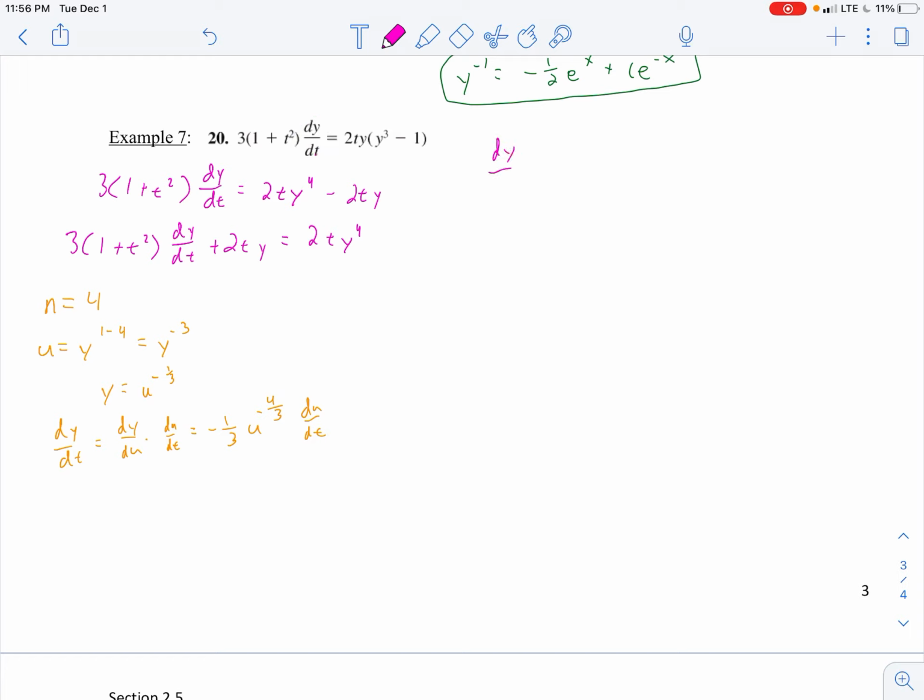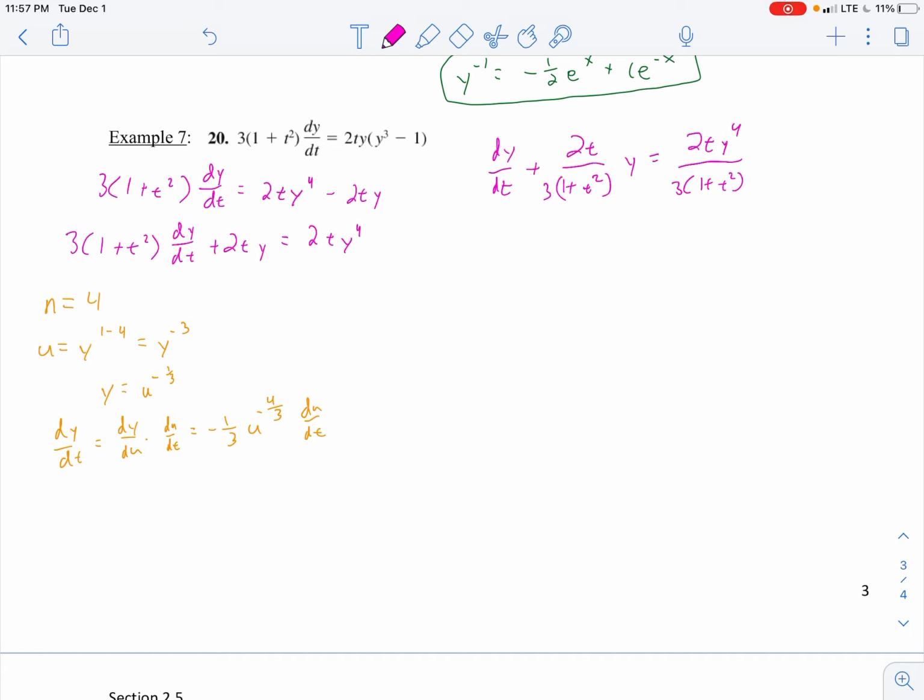So I'm going to divide everything by the 3 times 1 plus t squared. So I'm going to get dy over dt plus 2t over 3 times 1 plus t squared times y is equal to 2ty to the fourth, all that divided by 3 times 1 plus t squared.